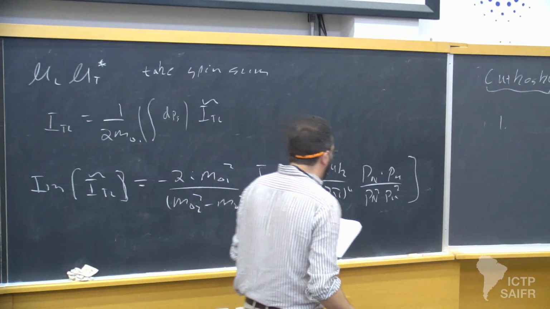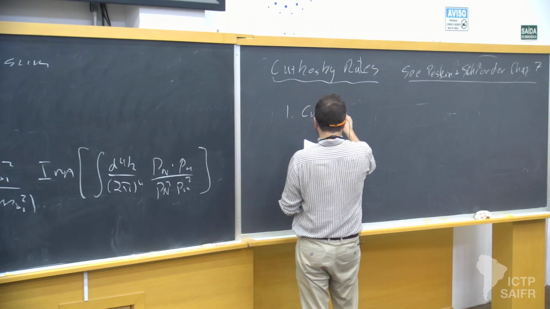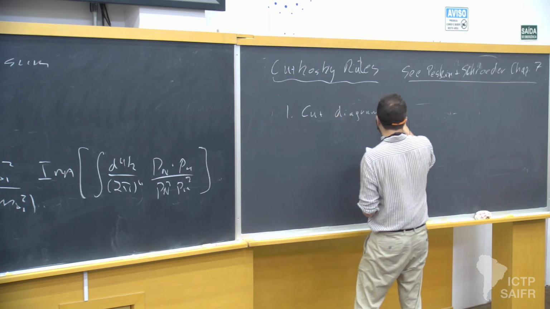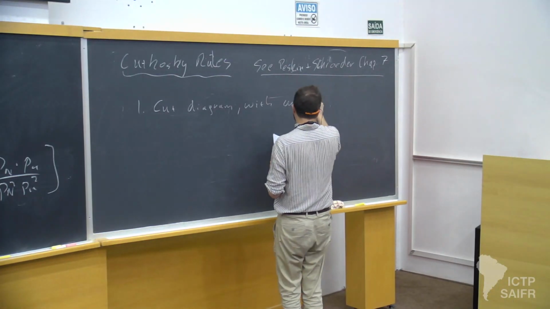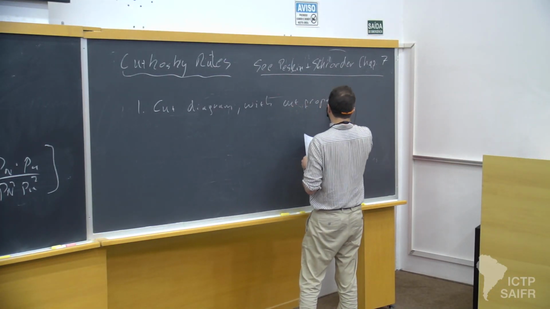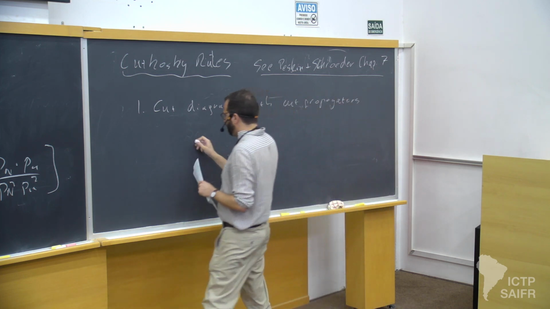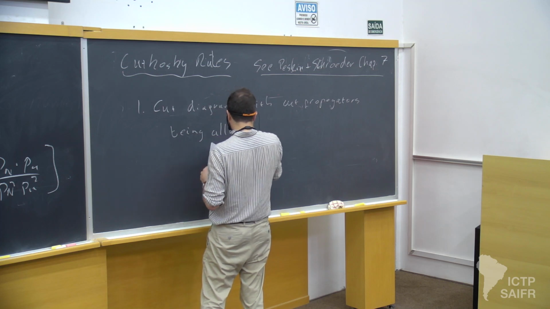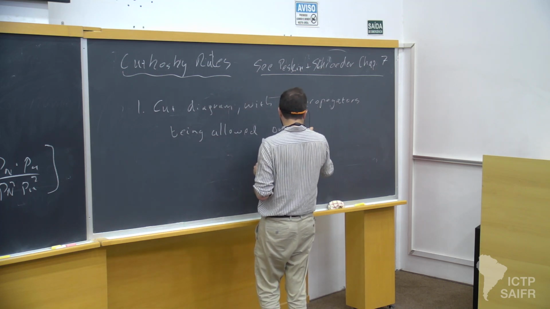So, number one, we have to cut the diagram, with cut propagators being allowed on shell kinematically.